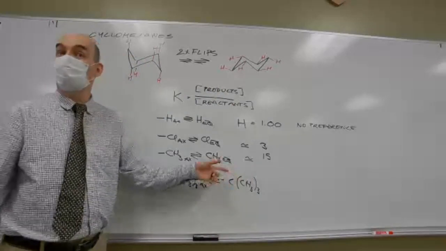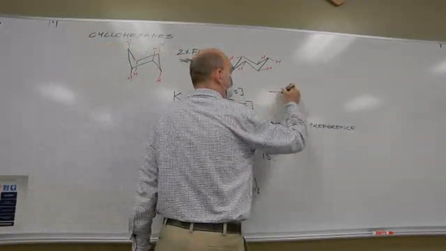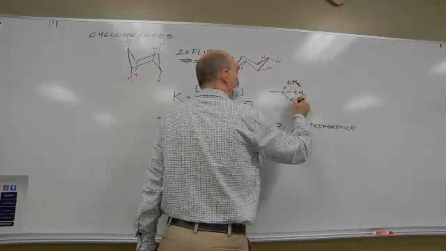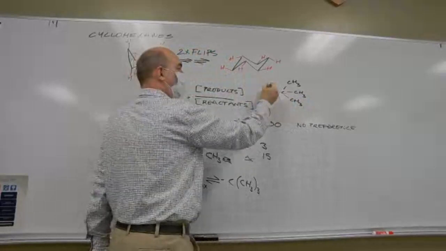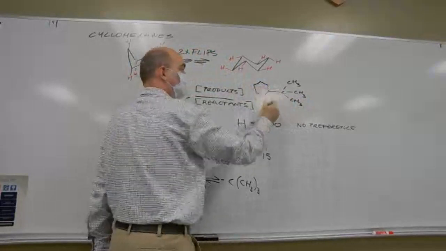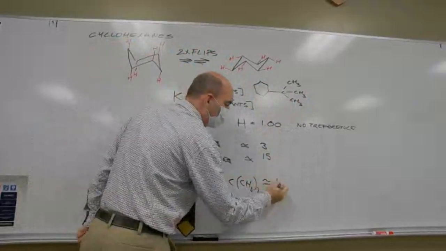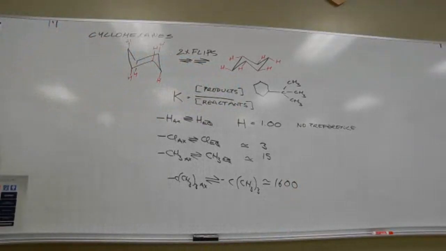It's 4 carbons. Looks like this. And then this is attached to the ring. The ring goes here. Okay. The preference for this to be equatorial is 1600. So it's not going to go to the axial position, hardly at all.